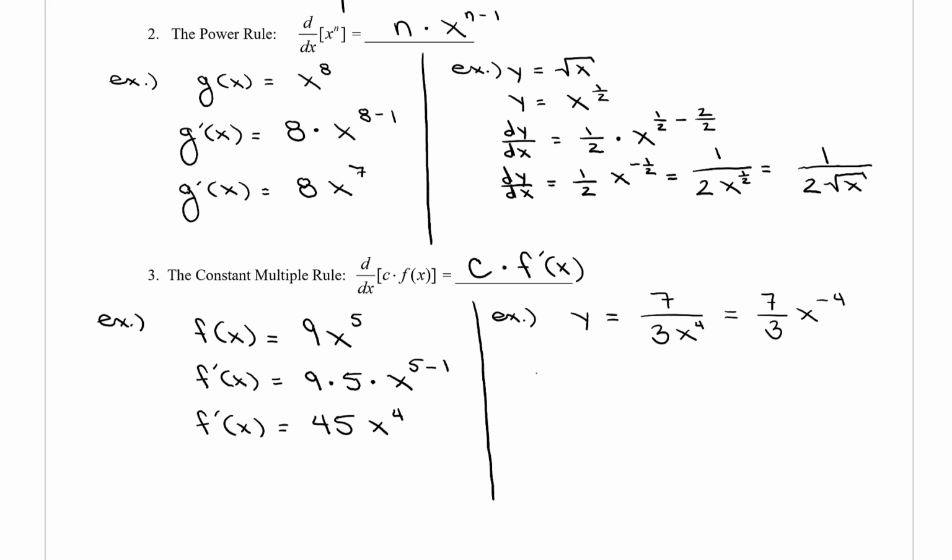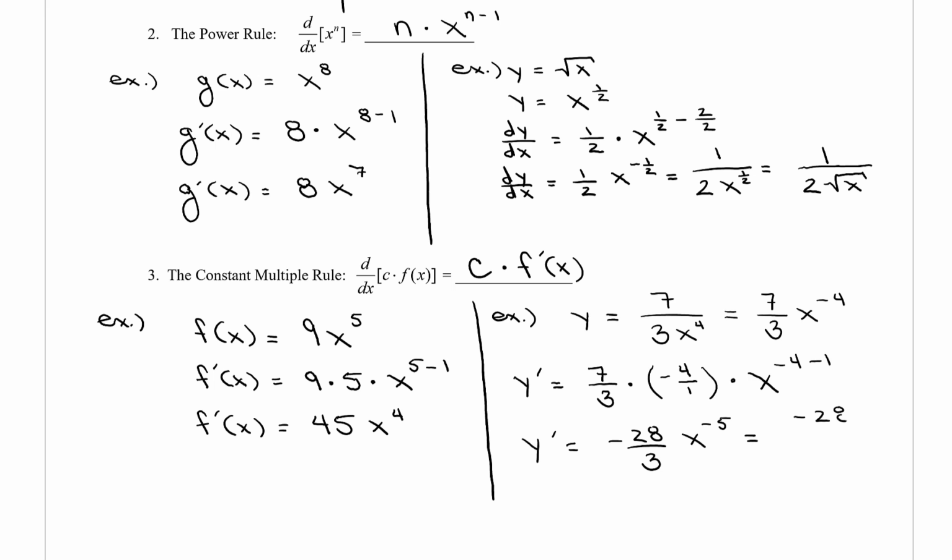So it's going to be y prime is equal to 7/3 times -4, I'm going to write this as -4/1, times x raised to the -4 minus 1 power. y prime is equal to -28/3 times x to the -5th power, which is equal to -28/3 times x to the 5th power.